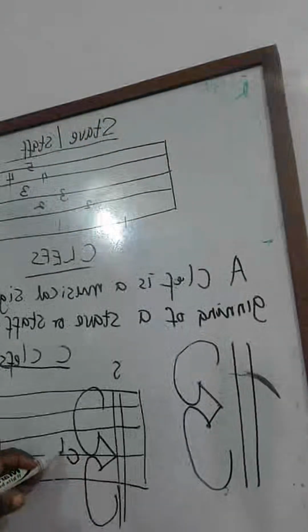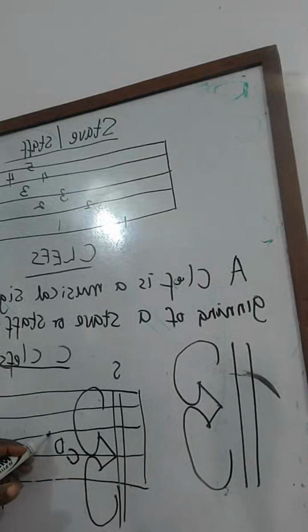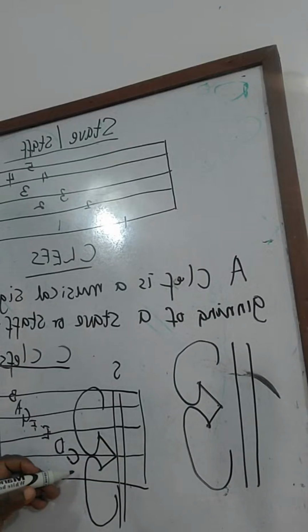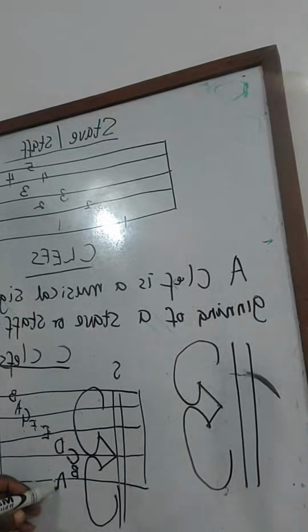C. This 3rd line will be D. This 3rd line will be E. The 3rd space will be F. The next one will be G. After G in music, you start from A. Then B. I'm only showing you how they relate. So going backward, what comes before C? B space, then A line.